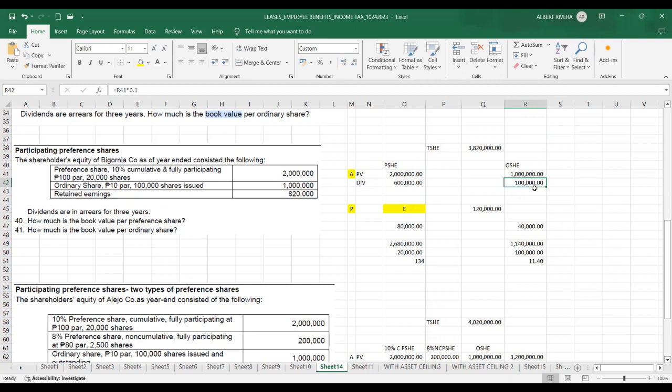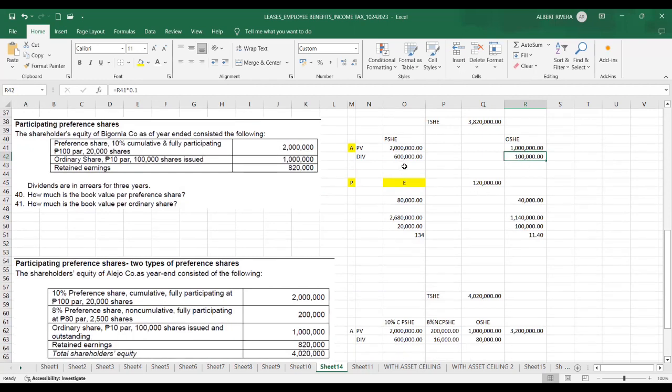So this would always be a 1-year dividend. Okay? Using the dividend rate of the preference shares, which is 10%. So this is 1 million times 10%, this is 100,000. So this would now be the excess. Coming from 3.82 million minus 2.6 minus 1.1, this is 120,000.